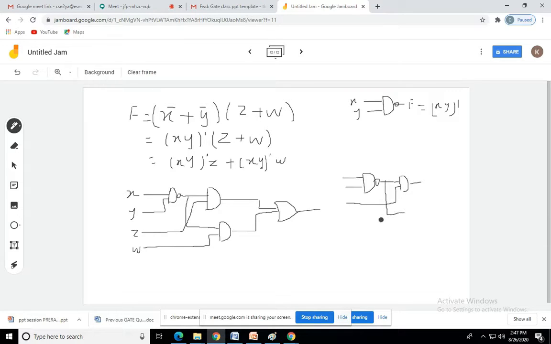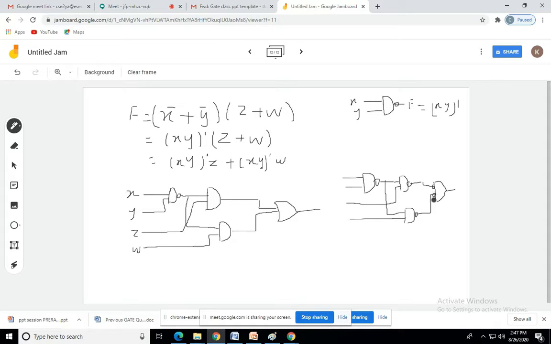Taking output from here and W here, we use an AND gate, and here is an OR gate. The same circuit we are drawing here, and as per the implementation rule, you have to use a bubble at the output of the AND gate and a bubble at the input of the OR gate.